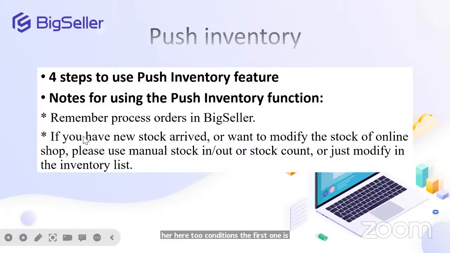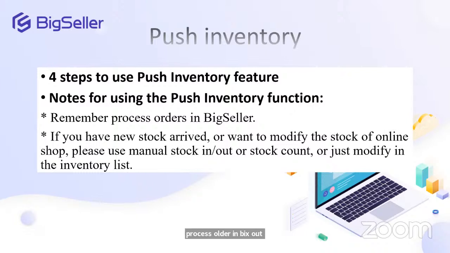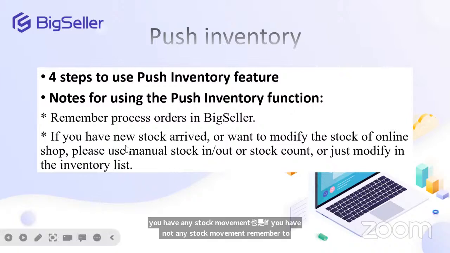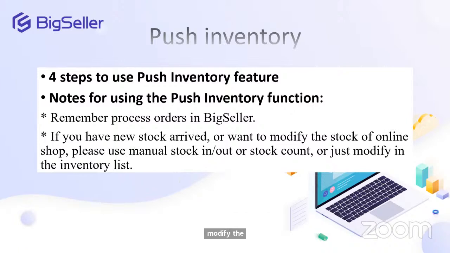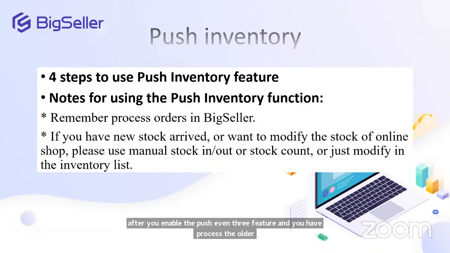And the second is that if you have any stock movement, remember to modify the stock in our Bigseller page. And also remember to enable the push inventory feature. After you enable the push inventory feature and you have processed the order in our Bigseller, the inventory will be automatically deducted when you ship this order. Okay.